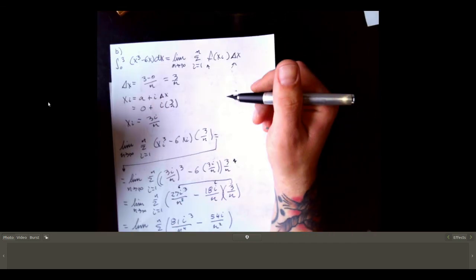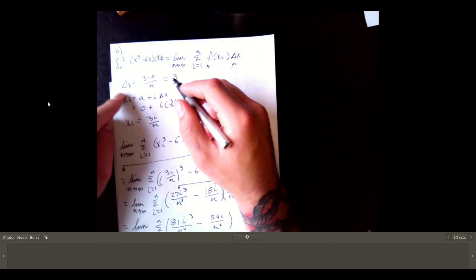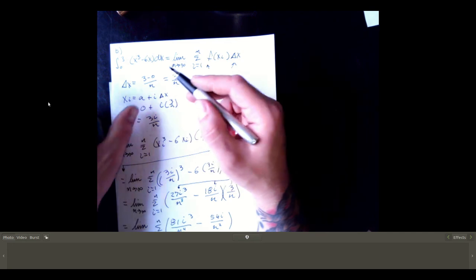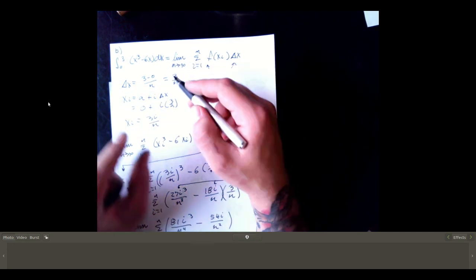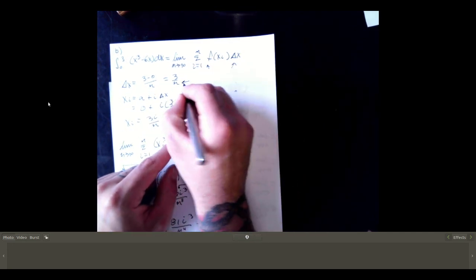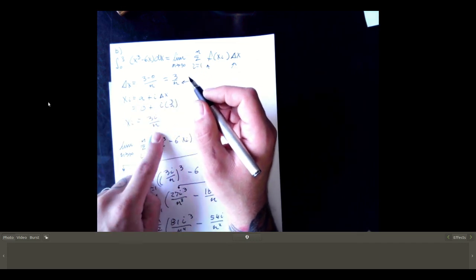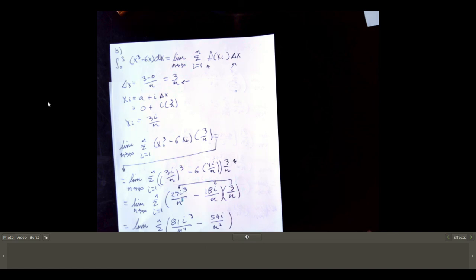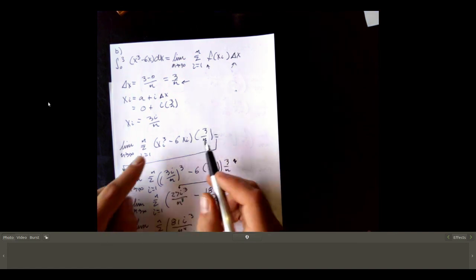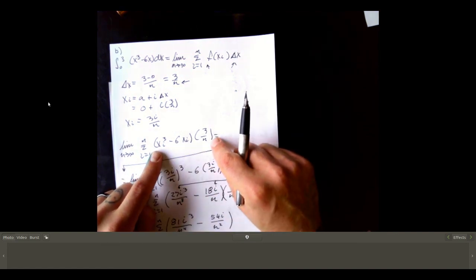We don't get an exact value for delta x because that width is supposed to go to 0. So we're going to have an n in our denominator. And we need some way of coming up with our xi's that has an n in it so we can iterate through. Once we get here, this is where the algebra begins.